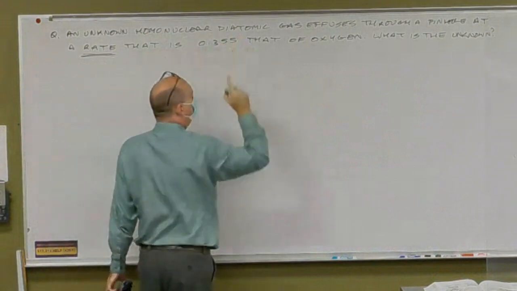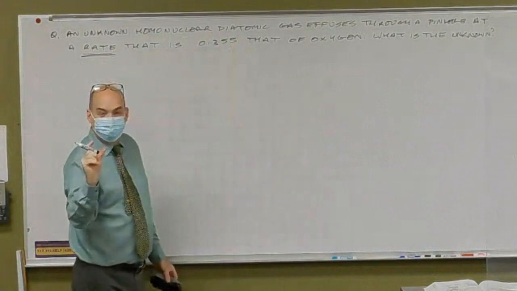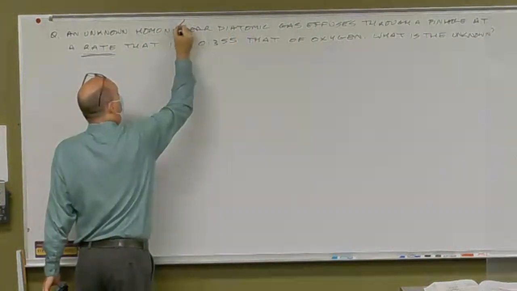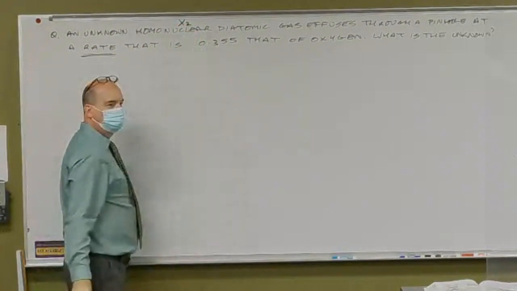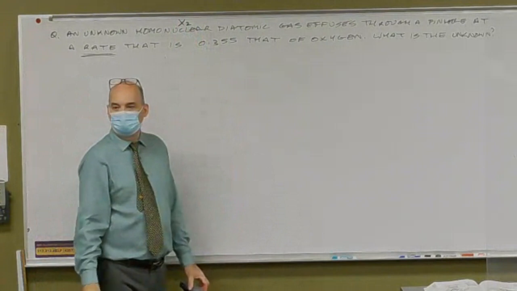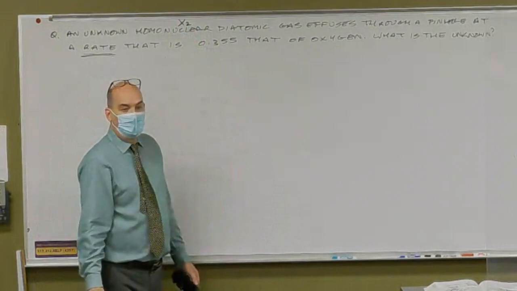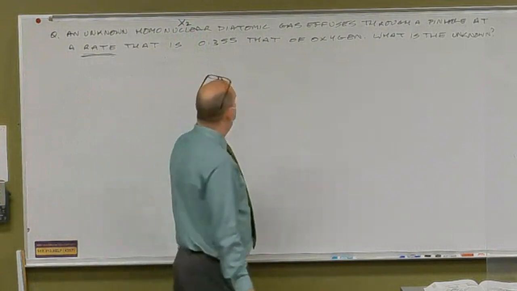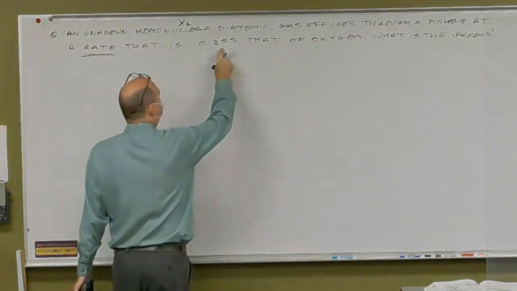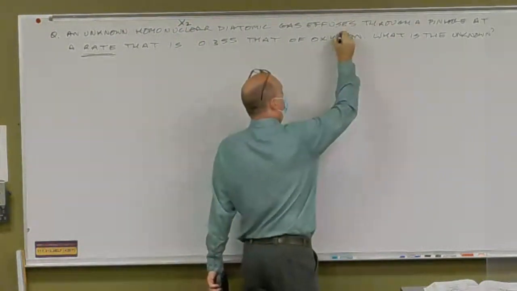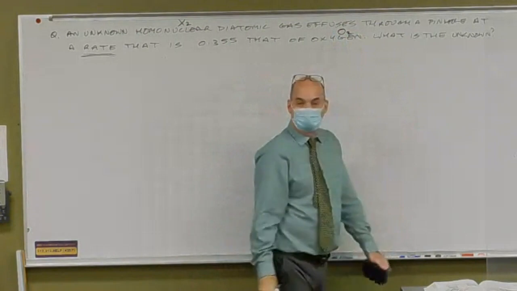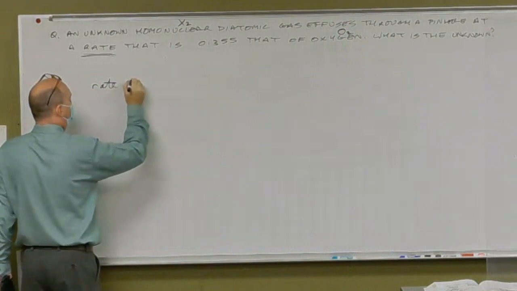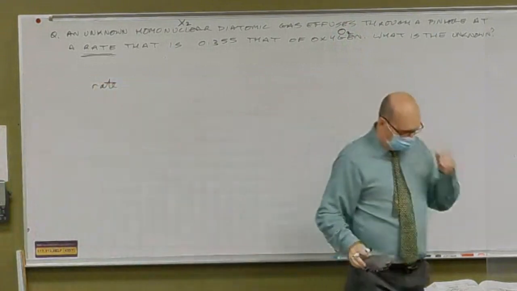This unknown homonuclear diatomic, two atoms of the same type stuck together. There is no X on the periodic table. X is a placeholder. We're going to find out what the value of X is. So our unknown diatomic molecule is X2, and it diffuses through a pinhole at this times the rate for oxygen, and we know that oxygen is O2. Okay? So Graham's law tells me that the rate of X2, let me see if it matters.